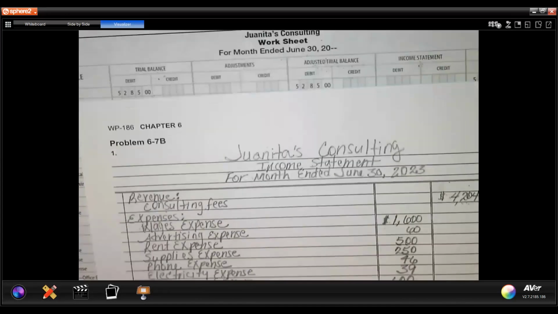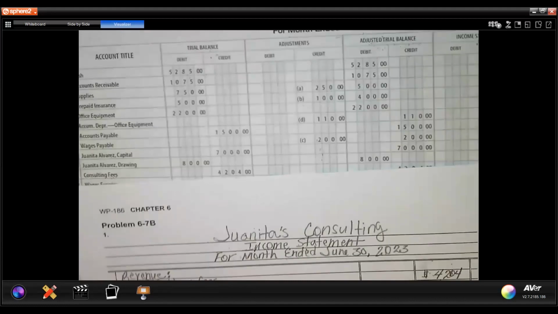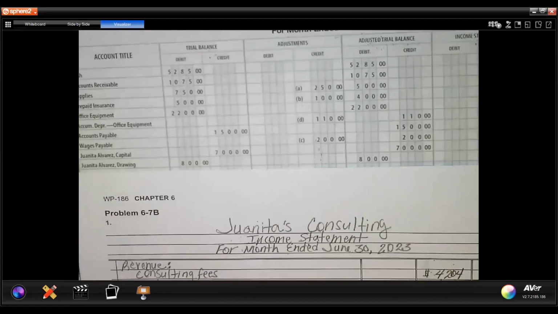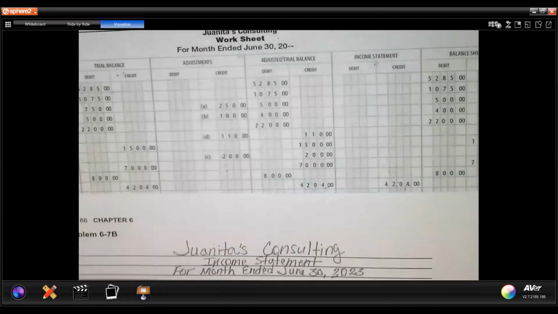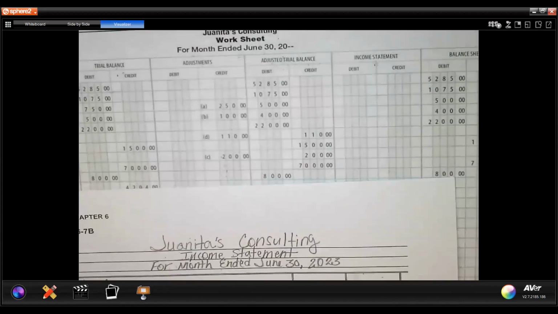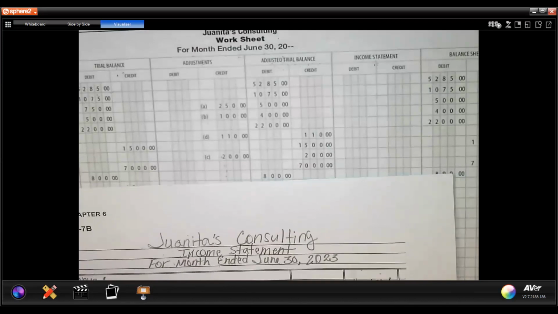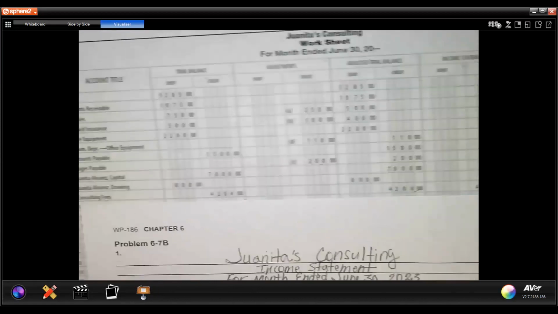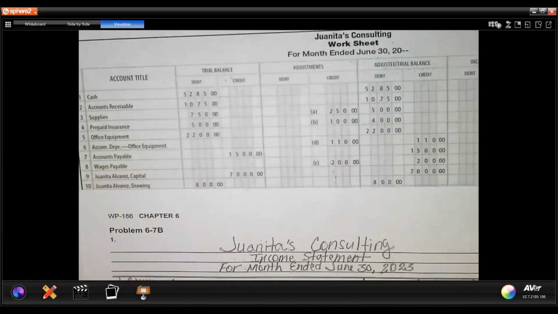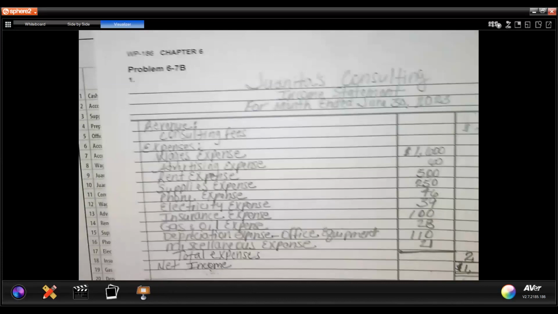So let's pan over and look at her drawing account. As you can see on the adjusted trial balance, we see the $800 that she withdrew. And this is her drawing account.